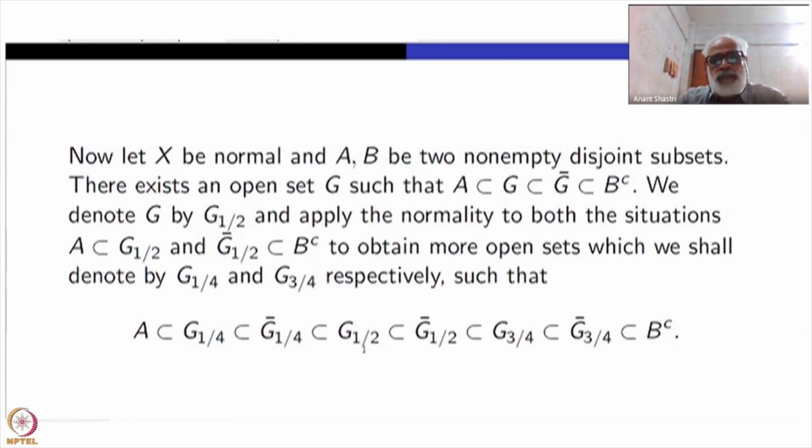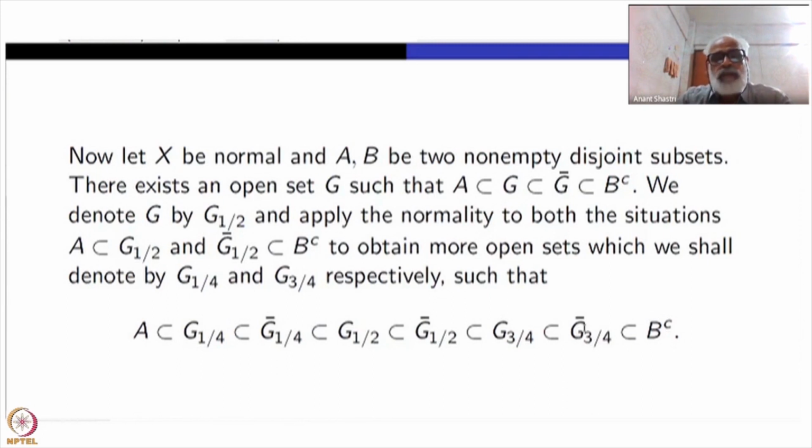Similarly, G half bar to B complement, again open, we'll have one more open subset there, G3/4, contained inside G3/4 bar. We are using that G half is contained in G half bar, which is already there.